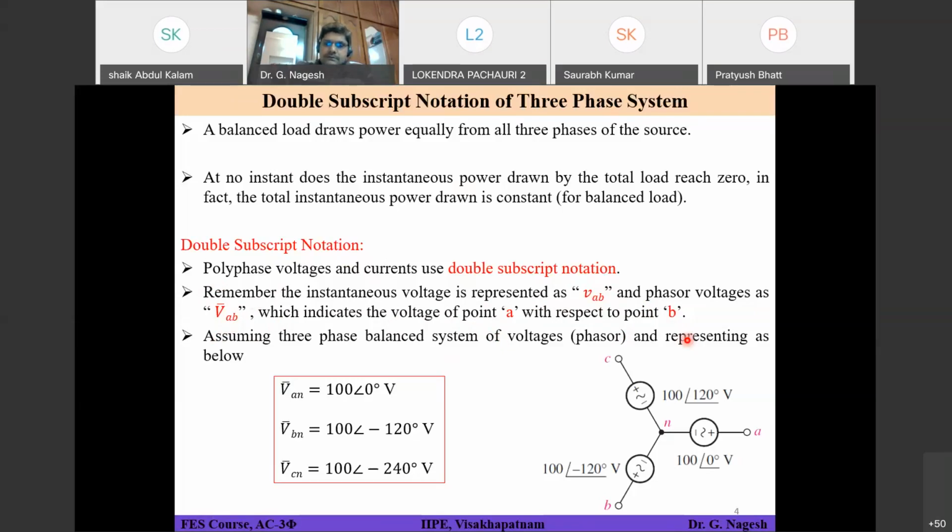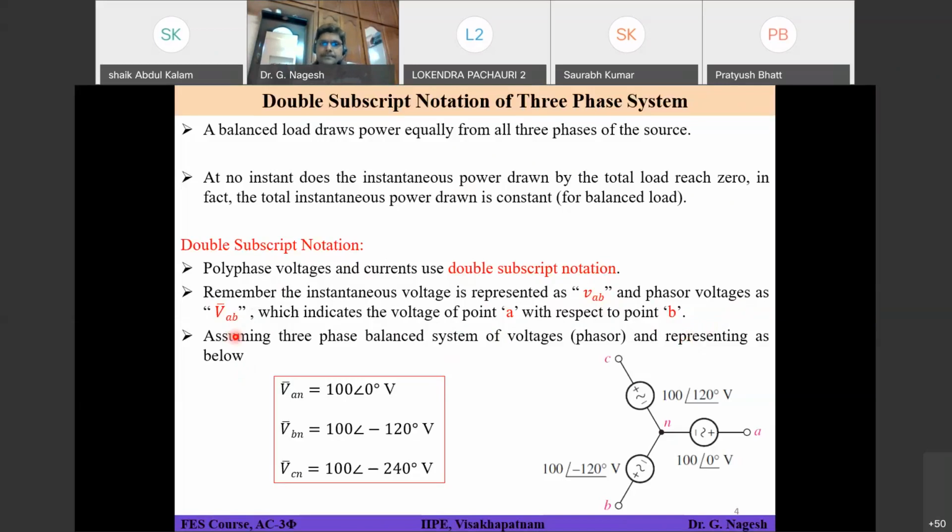So this is how you have to represent any voltage in a three-phase system. If it's a line voltage, it will be VAB or VBC or VCA. If it's a phase voltage, VAN or VBN or VCN.